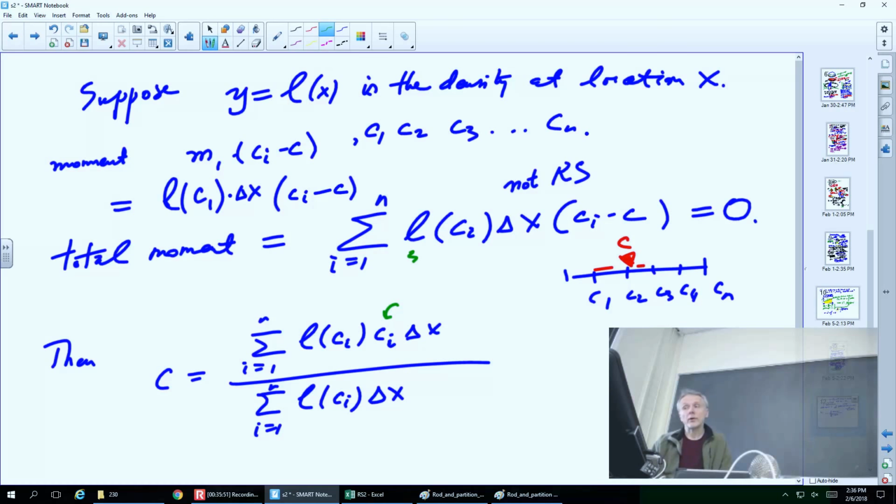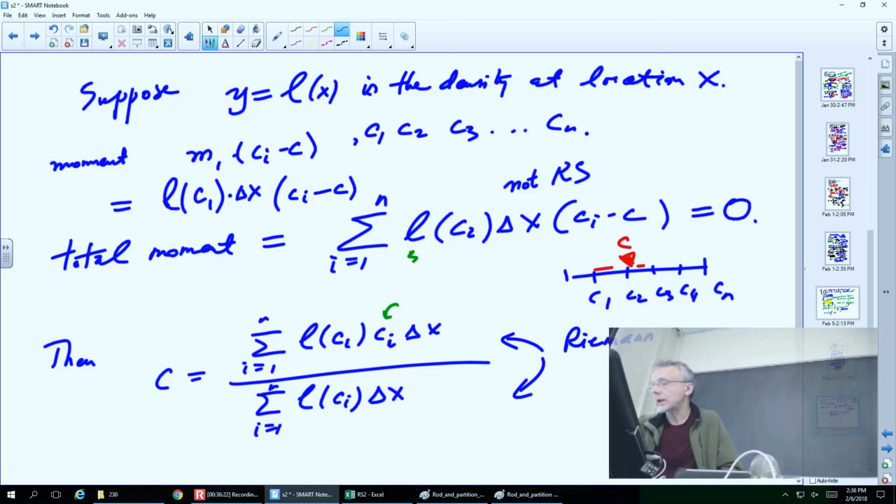So in the denominator we have mass times the width. So all these little pieces are added together and you have your total mass. At the top you're not adding the masses, you're adding the moments. And that extra ci over there is what creates that moment. So altogether, both are Riemann sums.